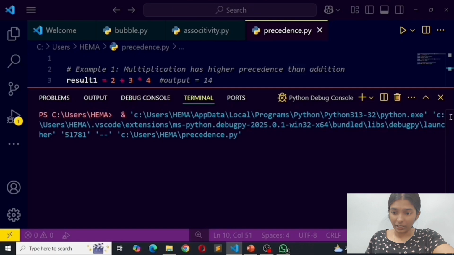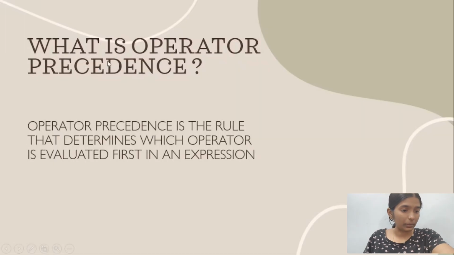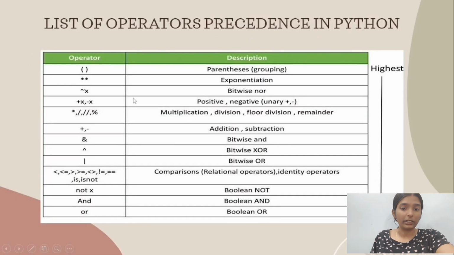Now let us run the code and look at the output. As you can see here, the first result is 14, then 20, 18 and 80. So this is all about the precedence. Here we have the list of operator precedence in Python.